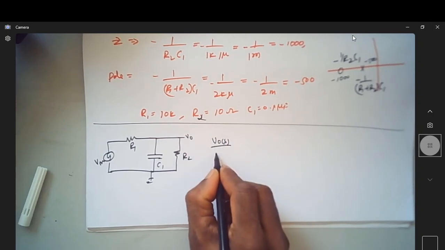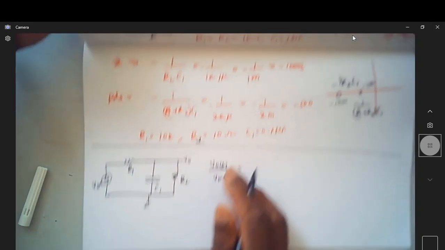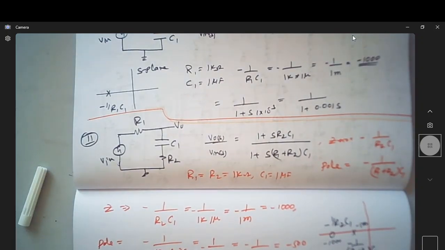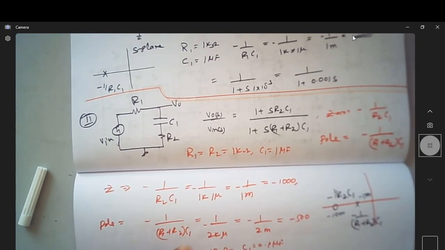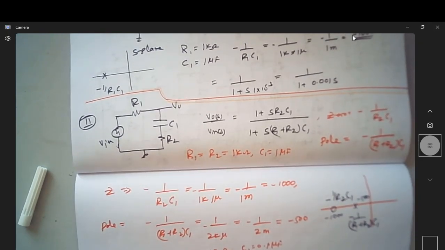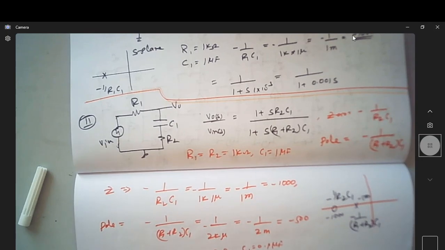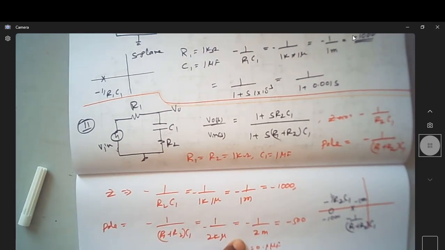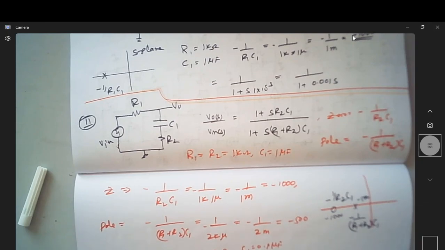The transfer function of this comes out to be: the numerator is R2 by R1 plus R2, and the denominator is 1 plus S into R1 parallel R2 into C1.